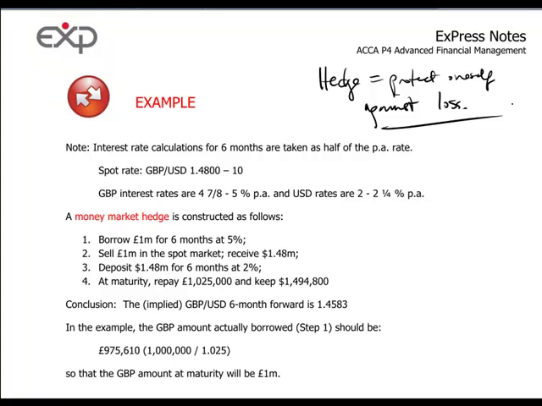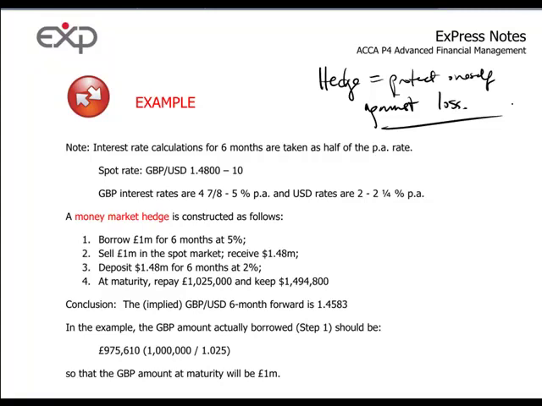Now what you see here in this example would be the case of a company that is to receive £1 million in 6 months. Let's say it's an American company, and therefore they're going to receive a foreign currency in 6 months. The company will be concerned that the pound, in this case the foreign currency, will decline in value during the 6 months.